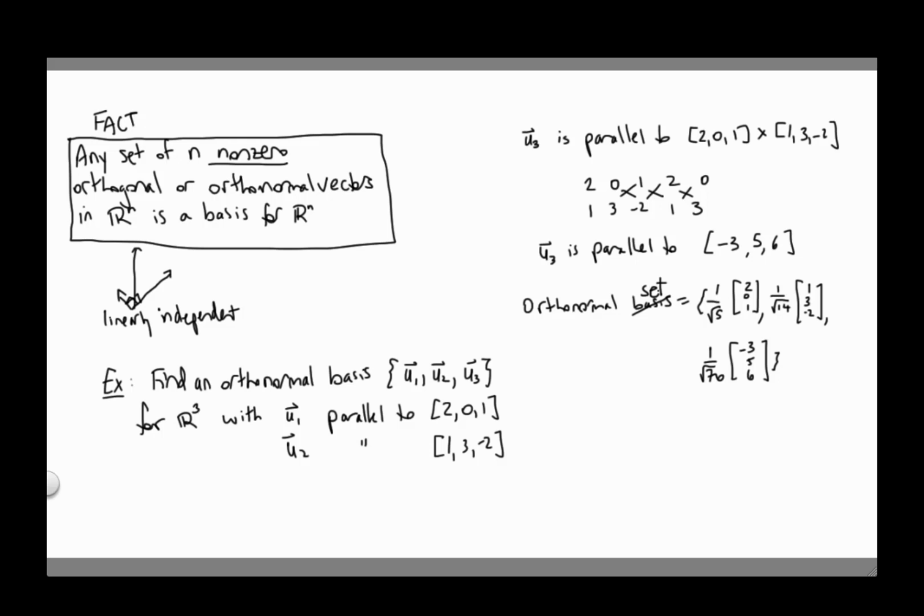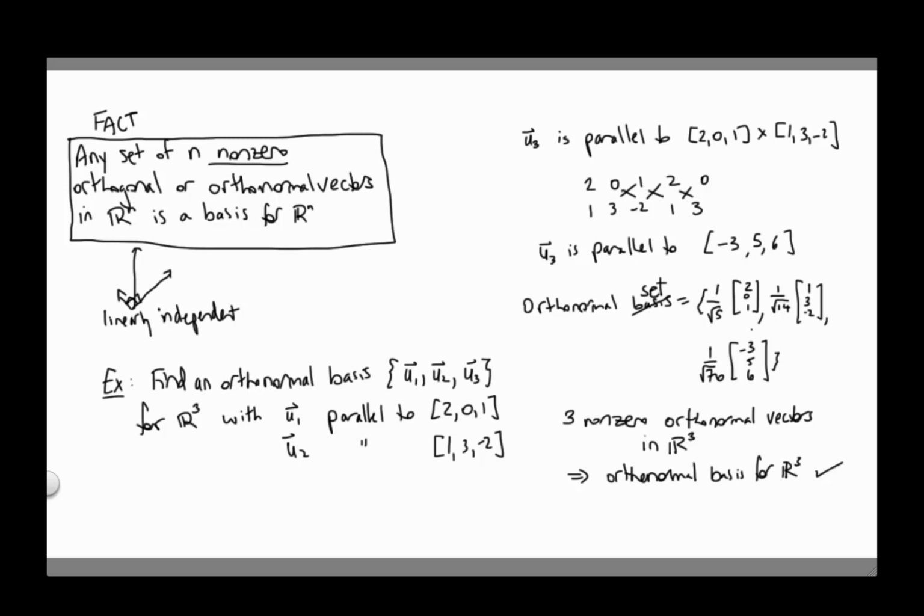Great. The way that we specifically know that this is an orthonormal basis, that actually goes back to the fact that we've got at the top left of the screen. So if we've got 3 non-zero orthonormal vectors in 3-dimensional space, that implies that we've got an orthonormal basis for R3.